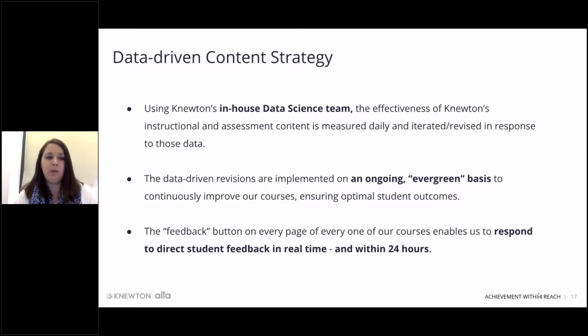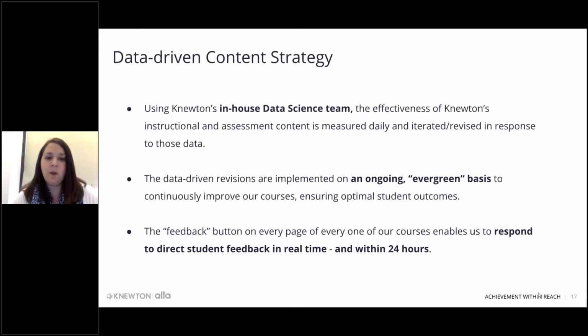Every decision I make for revisions, or most of the decisions I make, are really rooted in the data that's being collected there. Because of that, we don't have to wait 3 or 4 years for an actual new edition or revision to come out. As I collect user information, whether it's from the direct student feedback button on each page in Alta, or it's through studies that I'm doing in collaboration with the data science team, or data that they're collecting on their own, all of that allows me to make some real-time improvements to the content.